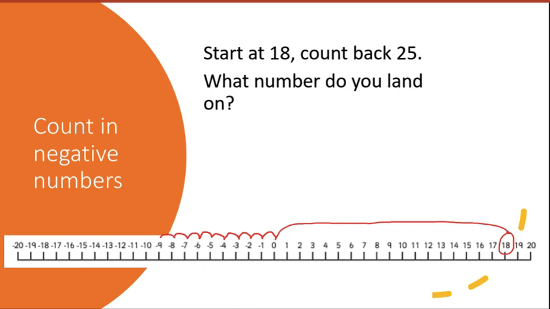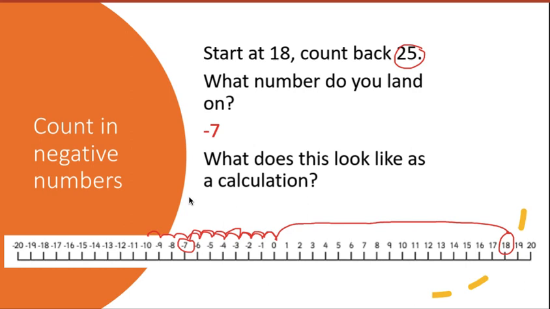Oh, I only needed to count back 25. Glad I spotted it before I revealed the answer and found out I was wrong. Okay, so we've landed on minus 7, and I hope you landed on minus 7 quicker than I did.